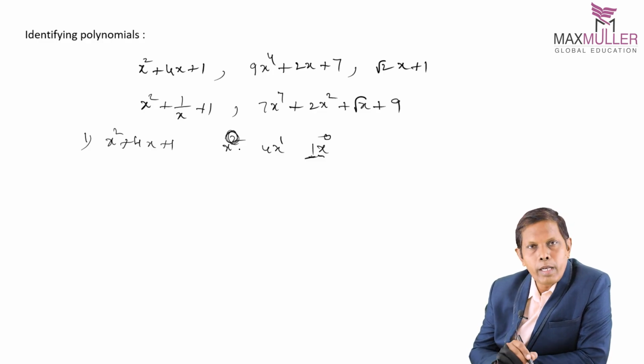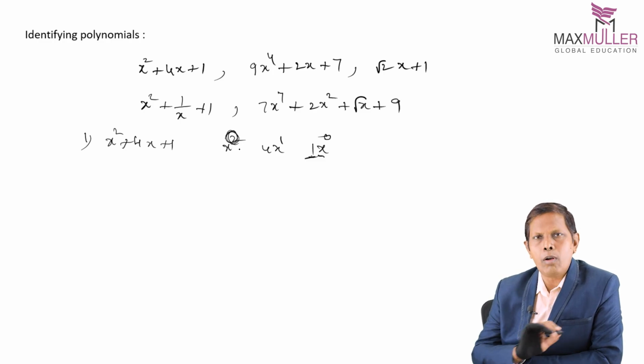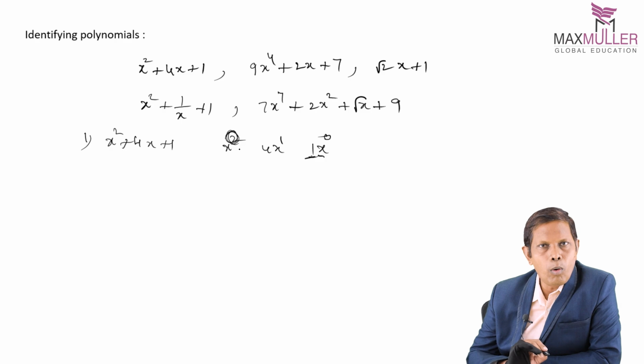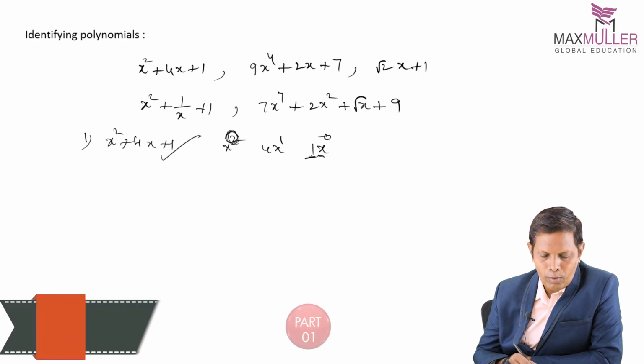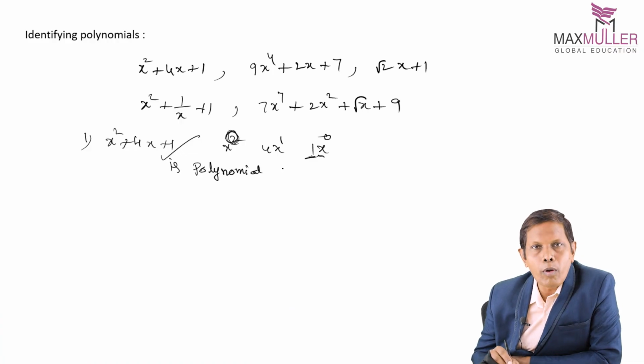Is there any negative number? Okay students, you have to identify the degrees. All are positive indices only, no negative numbers. Therefore it is a polynomial.